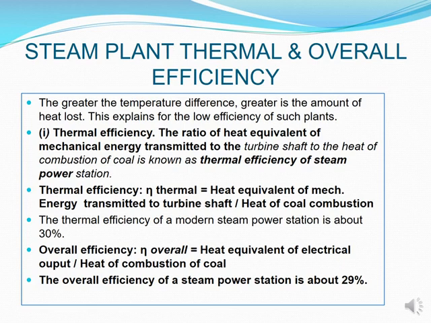In modern stations, we say this is 30%. Then we've got the overall efficiency, which is the heat equivalent of electrical output divided by the heat of the combustion of coal. And the overall efficiency of these steam power stations is also relatively close to 30%, usually sitting at 29%.